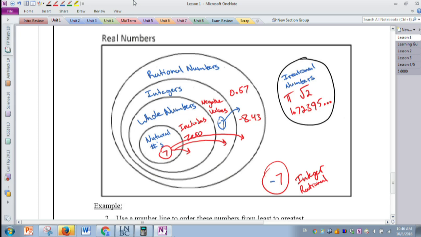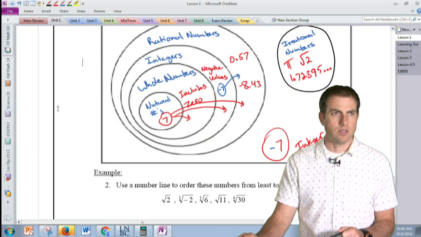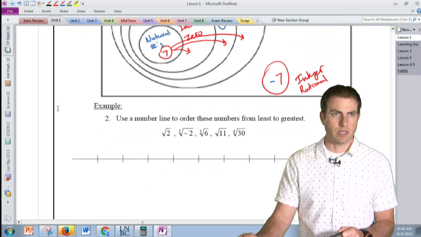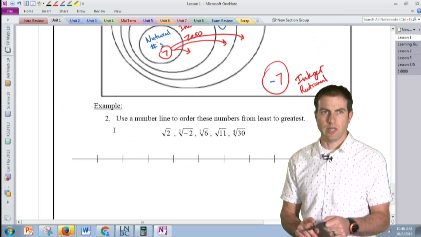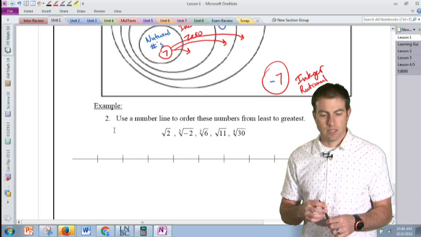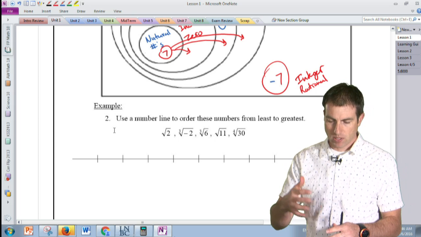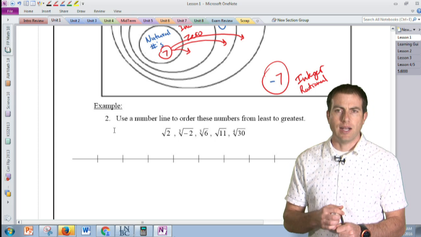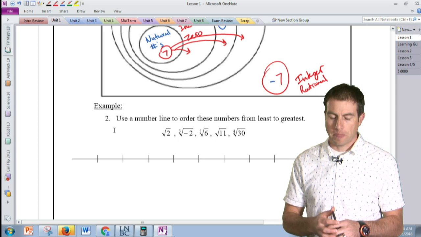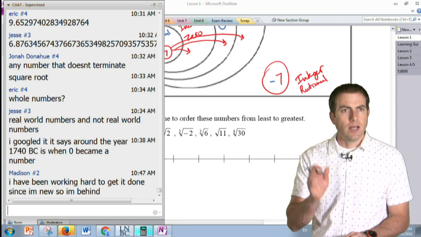Negative? Negative? Positive? I see Madison's typing. I might just give you a second, Madison, before we go on to the next one. Madison, I've seen you, we've met a few times at the field trips last year. Yeah, no worries, Madison. I completely understand. Just do what you can.